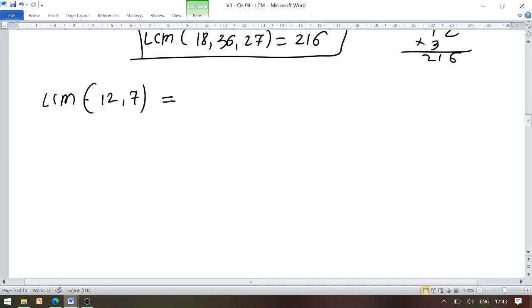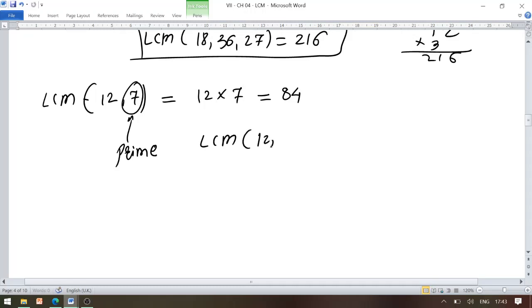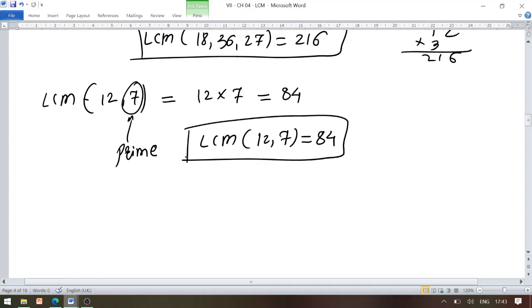Whenever we have to evaluate the LCM of any two numbers and one of the numbers is prime, keep in mind here 7 is the prime number, then strictly your LCM is the multiplication of the given numbers. So 12 sevens are 84. So the LCM of 12 and 7, this is the property we have in case of LCM, is 84.